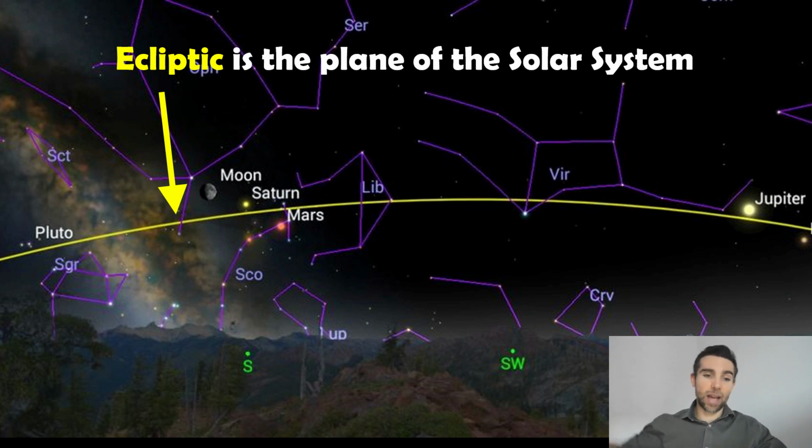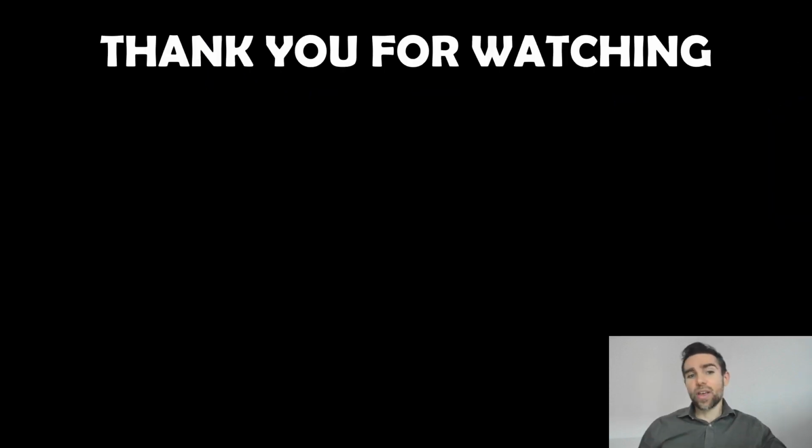Pluto is obviously a bit out of that because it's quite inclined, but the rest of the planets are fairly close to the plane of the solar system, and they'll appear to move along this ecliptic in the sky.